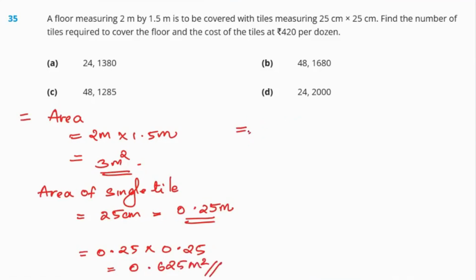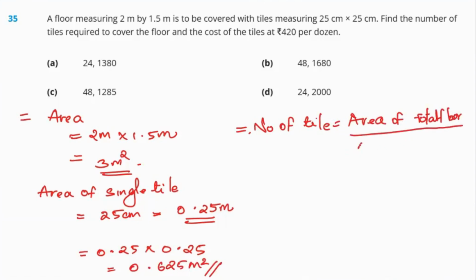Now, to find out the number of tiles required, what is the formula? Number of tiles required is equal to the area of the total floor divided by the area of a single tile.